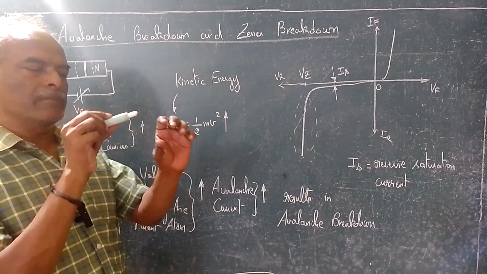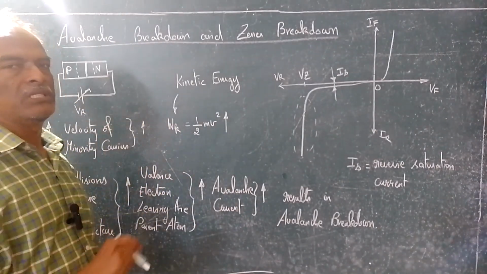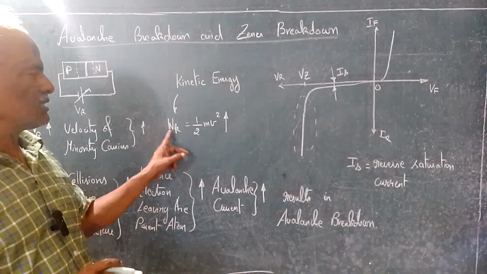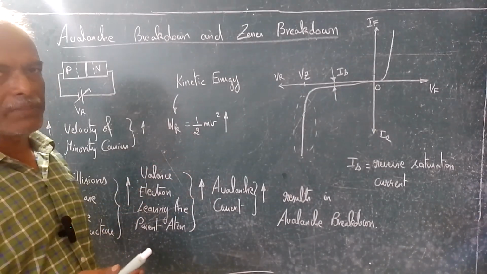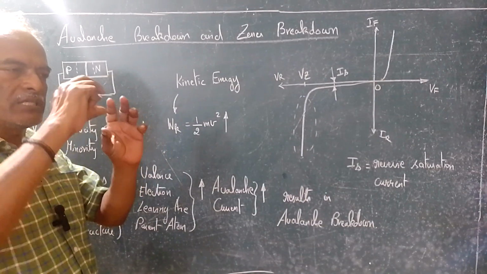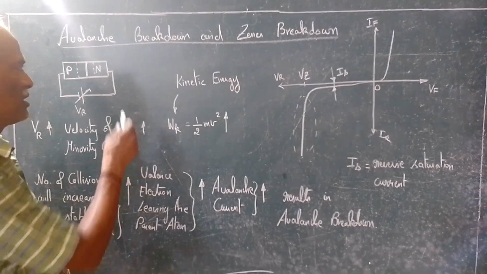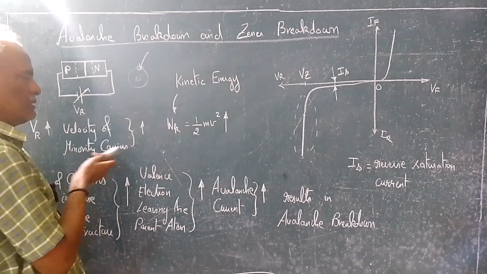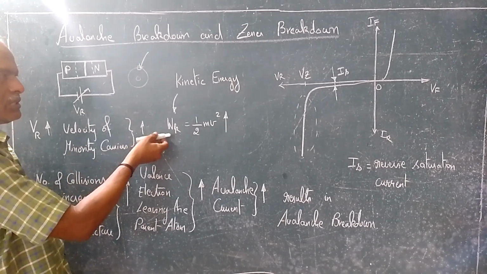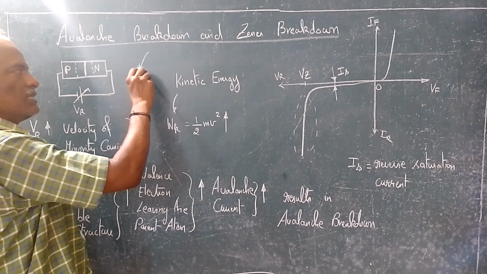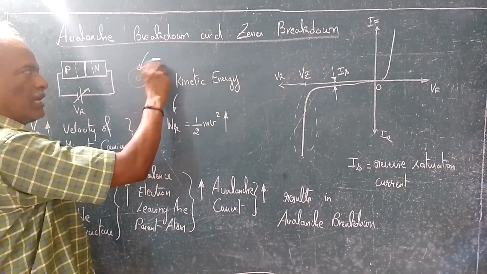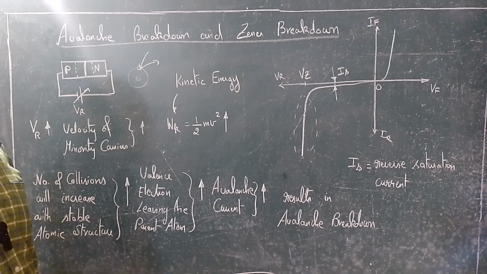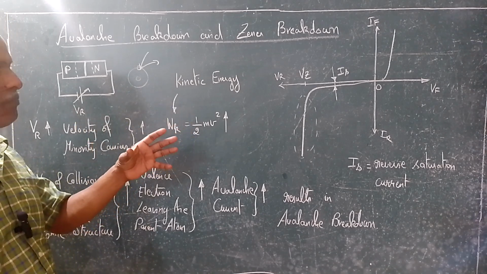When the stable atoms are collided with these minority carriers with this much energy, which is given by half mv square, what happens? The valence electron gets released from the parent structure. Suppose you have an electron, when it is bombarded with this energy, this electron gets released. So when the electron is released, this point will become positive. Positive in the sense it becomes a hole.